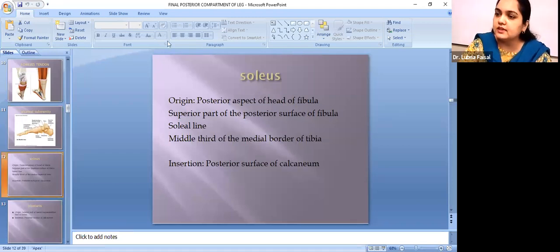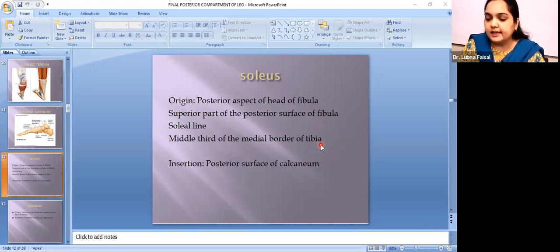So the soleus is the second important muscle. It originates from the posterior aspect of the head of the fibula, the superior part of the posterior surface of the fibula, the soleal line, and the middle third of the medial border of the tibia. It forms a tendinous arch. There are different points of origin of the soleus muscle.